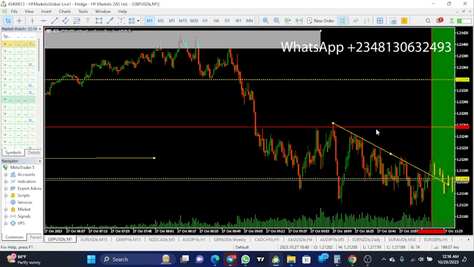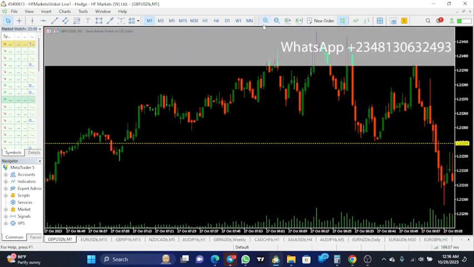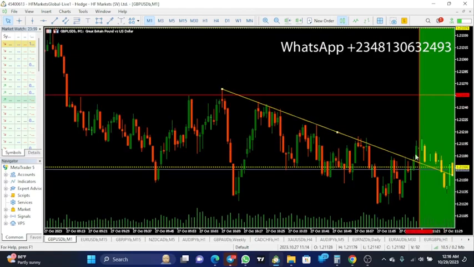Now, waiting for a breakout, and it has happened. Look at it. The breakout of the trend line, which is a choke, took place here.